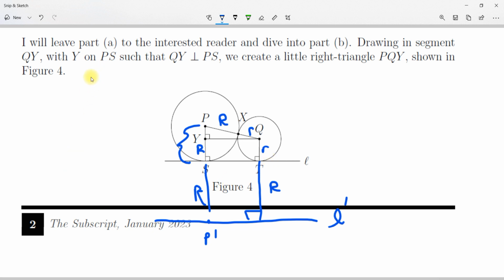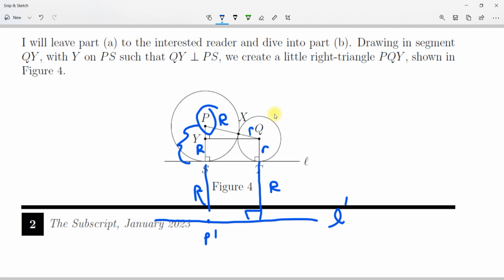So if I create the parabola with P as its focus and this new line L prime as its directrix, then any point on that parabola will serve as the center of our circle.